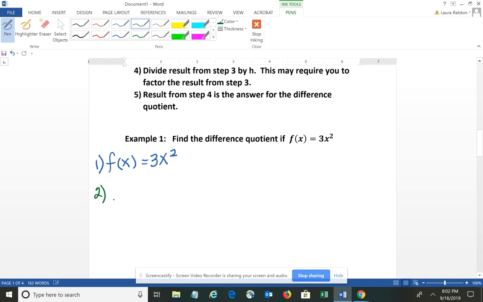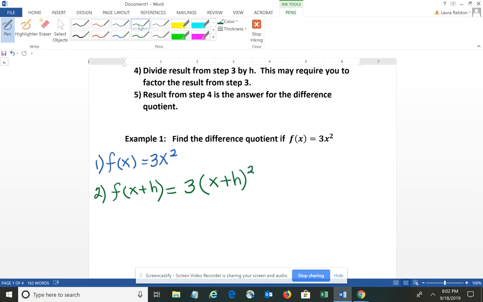I want to find f of x plus h, which means I'm going to substitute x plus h into the given function wherever there is an x. So I would have 3 times x plus h squared.